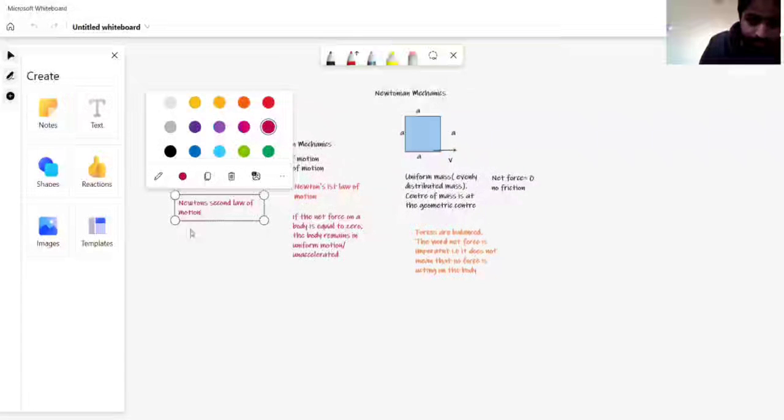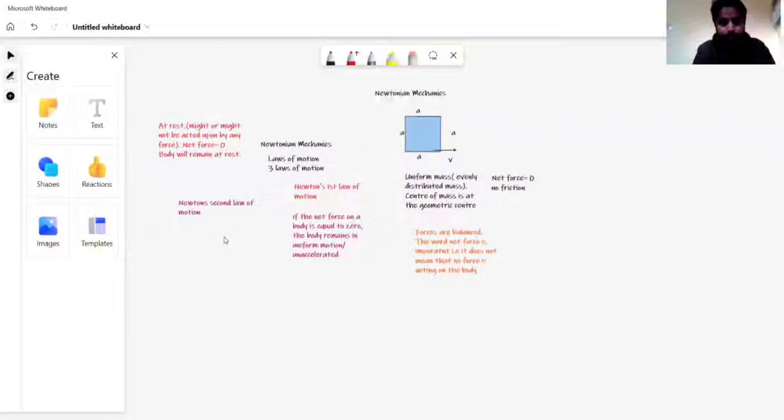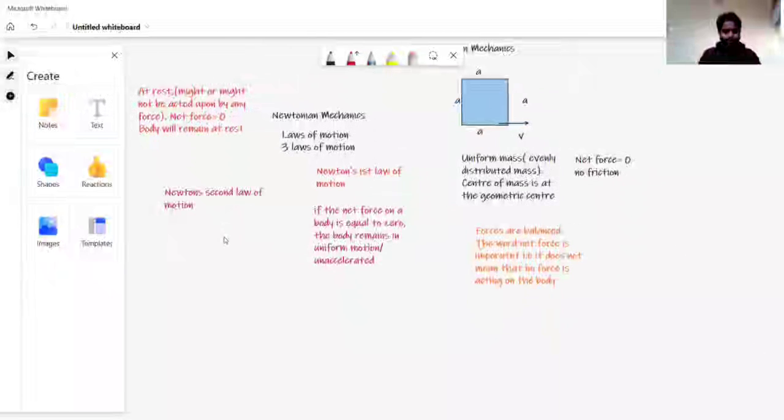You might have studied it in your earlier chapters, that acceleration of the body is equal to the net force on the body divided by mass, a equal to F by m, or F equal to ma. The definition which is given in your textbooks is exactly a kind of what we call this.